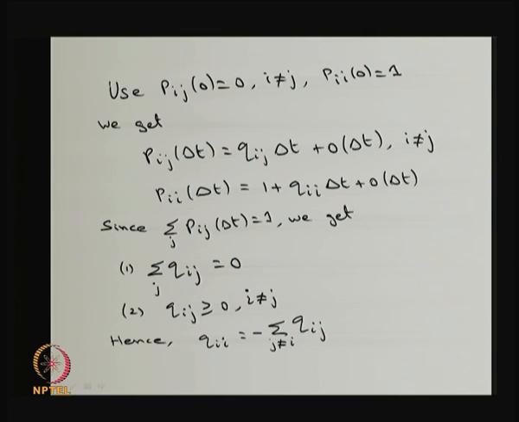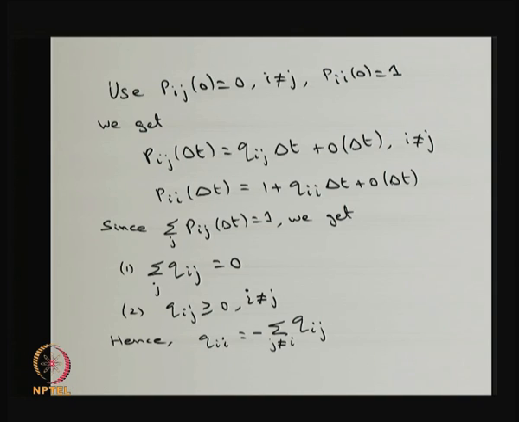When you add both the equations for all j, you get the summation over j of q_ij equal to 0. As well, all the q_ij quantities are greater than or equal to 0 from the first one, because the left hand side is a probability and this is multiplied by delta t, which is always greater than 0. Therefore, q_ij is greater than or equal to 0 for all i not equal to j, whereas if I add over all j, that is going to be 0.